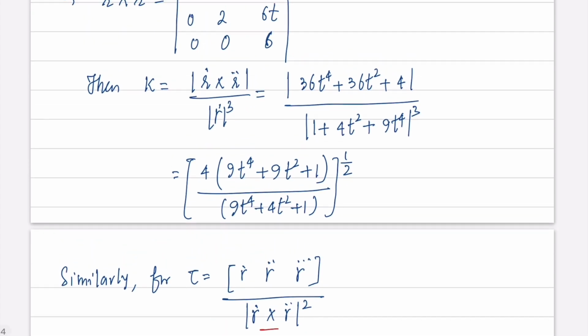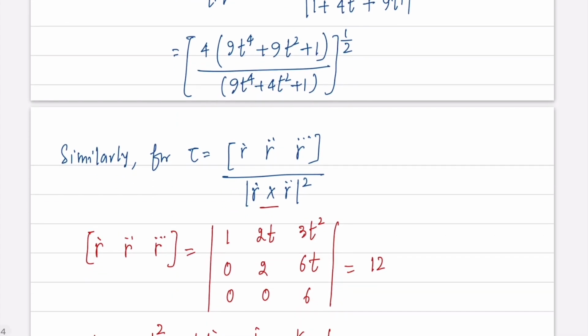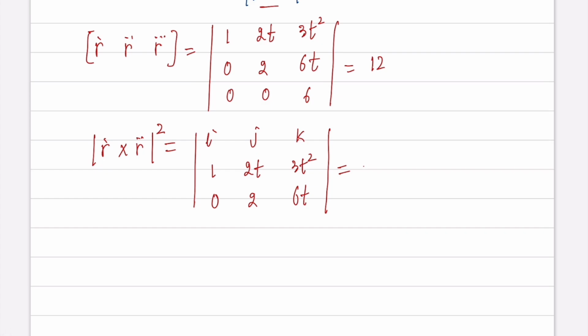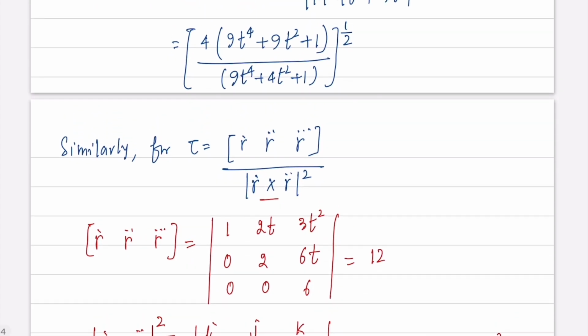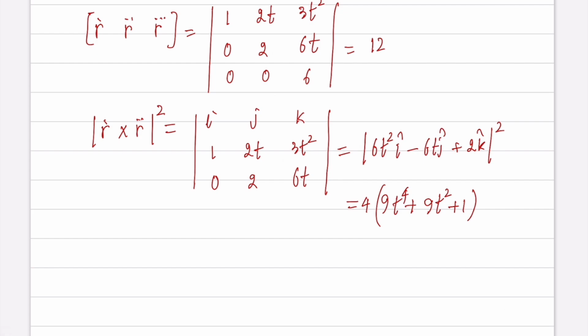Now evaluating this determinant, this is equal to 6t² i minus 6t j plus 2k. Its modulus squared finally becomes 4 into (9t⁴ plus 9t² plus 1), as computed above in the denominator of the curvature.